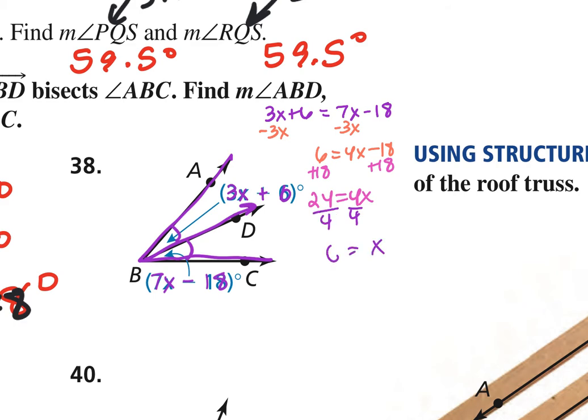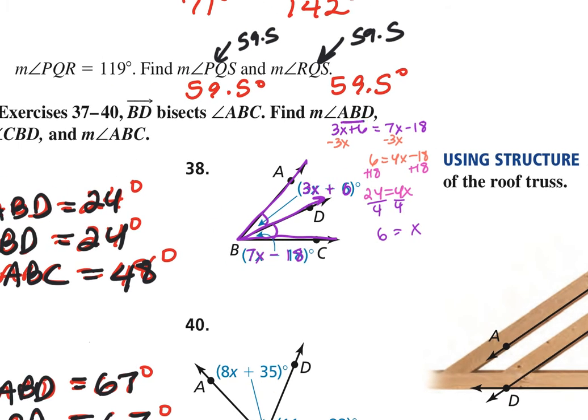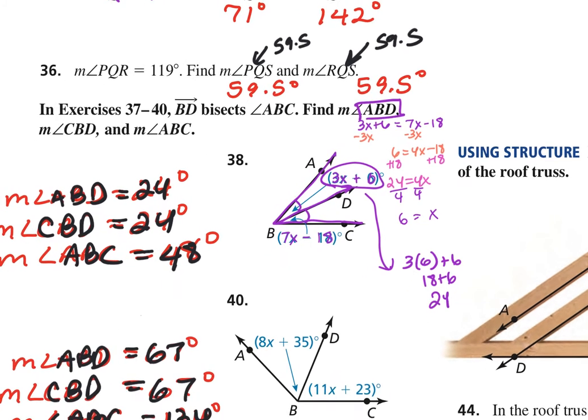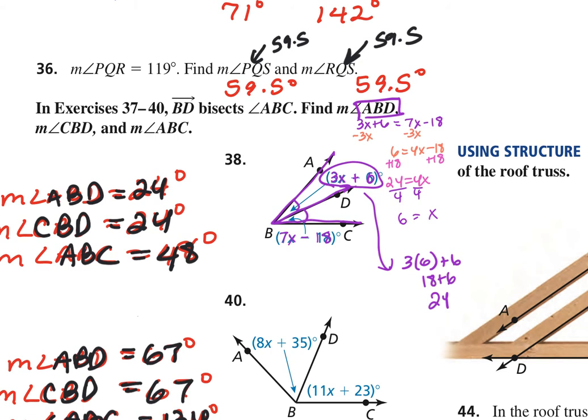X is 6, but directions say find ABD. So ABD is the top one. I have to take that and plug the 6 in. And then find CBD, which would be the same because they're both the same angle, and ABC would be double that. Yeah. That sounds easy.